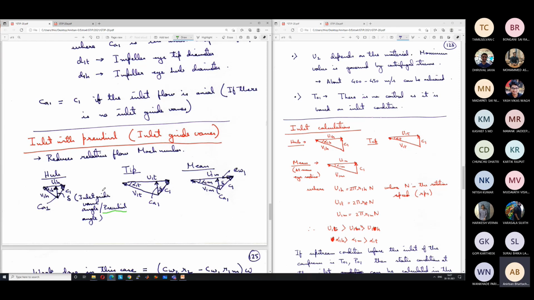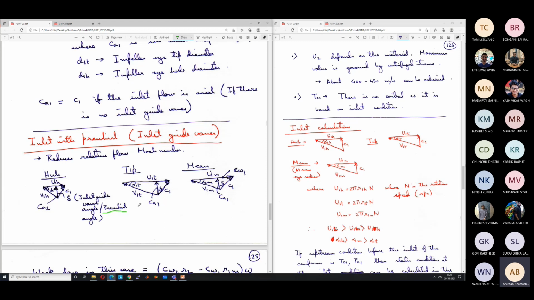So where the maximum relative velocity occurs, it occurs at the tip of the impeller. I have given, I think, a problem on this also. At the tip of the impeller eye, we have the maximum relative velocity V1T. So by introducing a pre-wheel angle inlet guide vane, we can reduce the relative velocity and the relative Mach number.